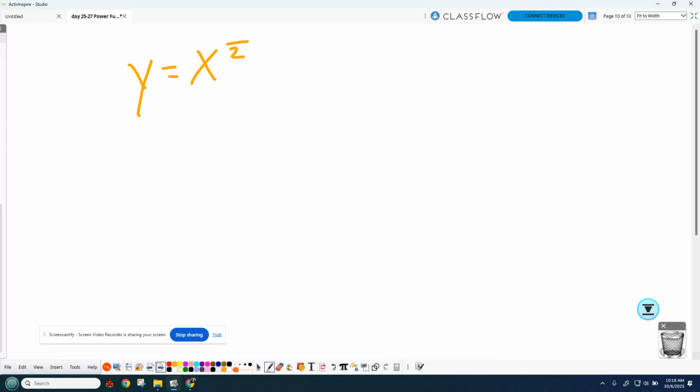Jasper, pick an odd number. 7. So is the exponent now bigger than 1, between 0 and 1, or less than 0? Bigger than 1. So it's going to look like that in quadrant 1.